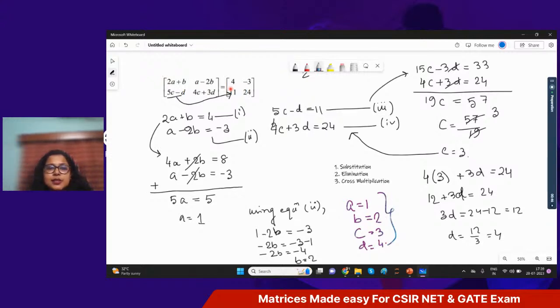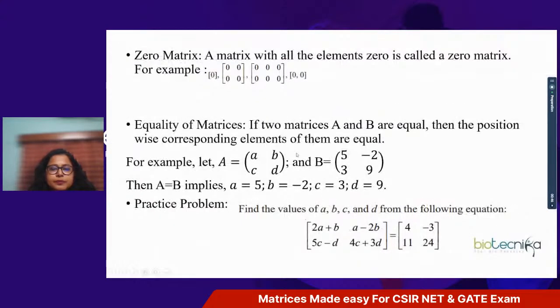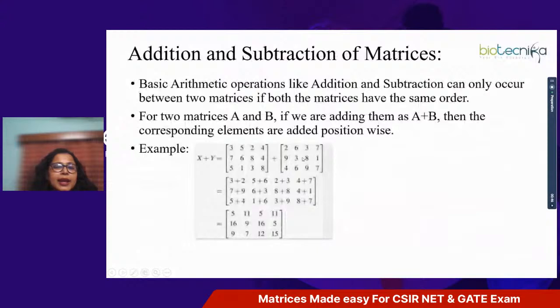Okay, so this is like solving a problem where the equality of matrices is used. Okay, let us get back to this. Next, addition and subtraction of matrices.